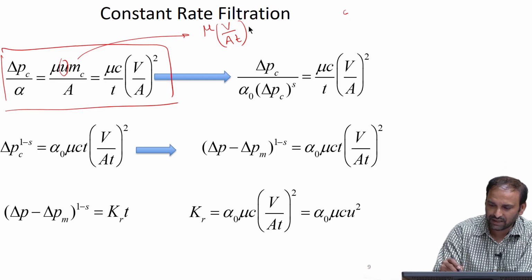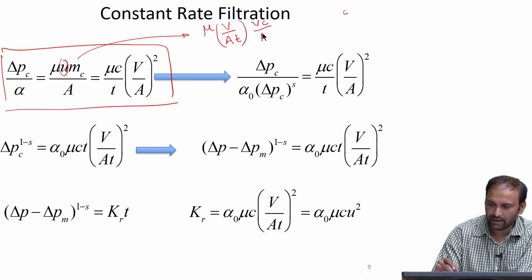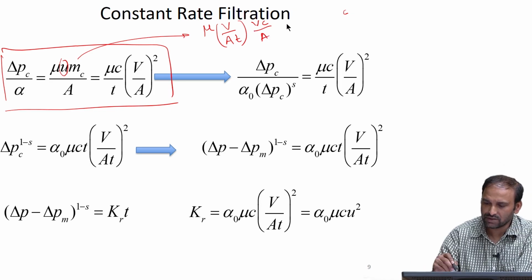So, u and m c is V times C, divided by A, and I am going to multiply this by t and divide it by t.